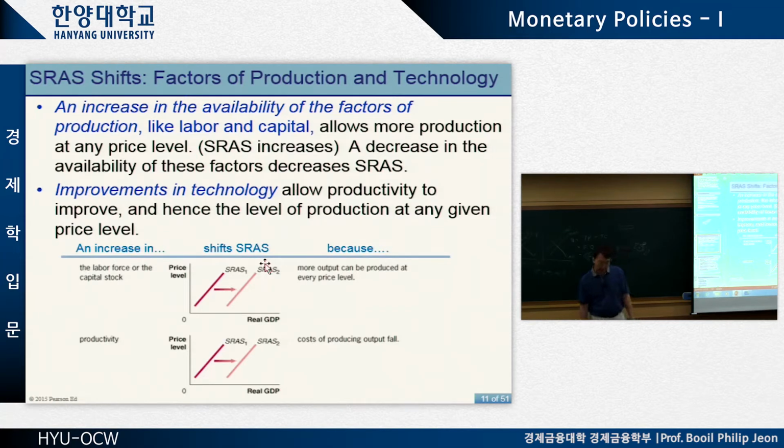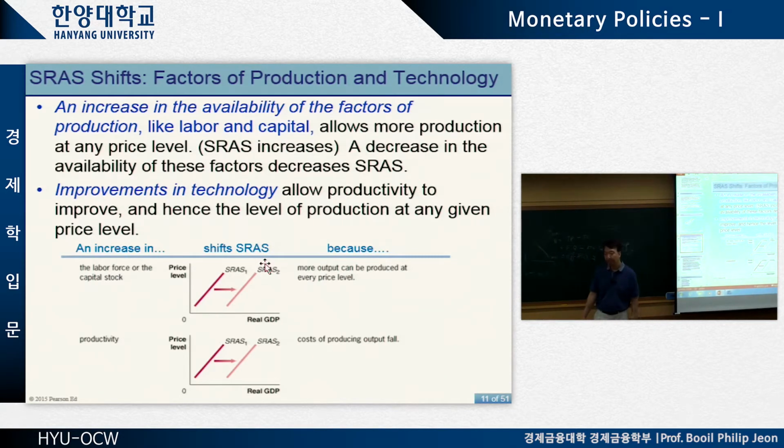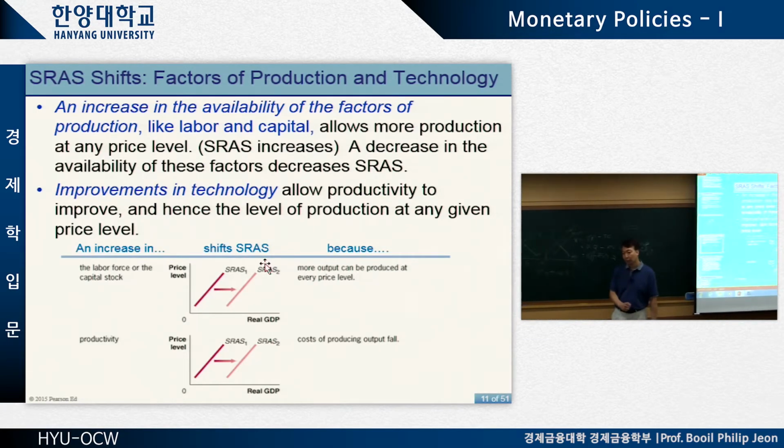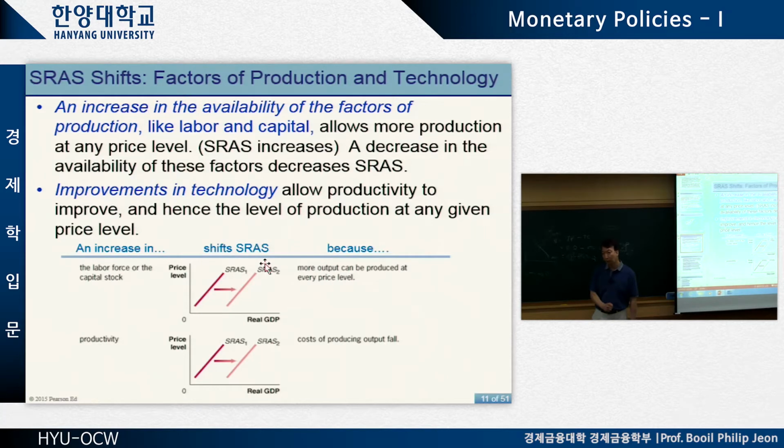All right. So we talked about the slope of the short-run aggregate supply curve. The next thing we usually talk about is the shift. What can shift the short-run aggregate supply curve? The first one is the labor force or the capital stock, basically the amount of resources. When the amount of resources increases, the short-run aggregate supply curve will shift to the right.